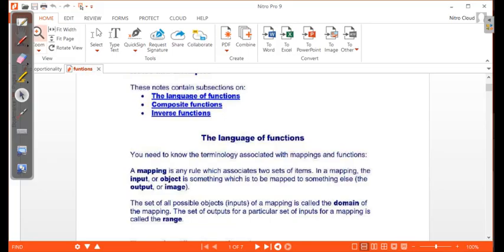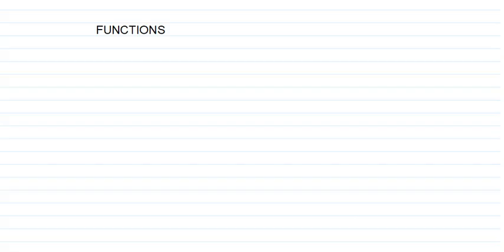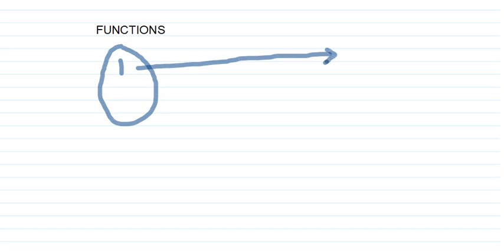What we mean there is we have an input, for example 1, which is to be mapped to give us an image.